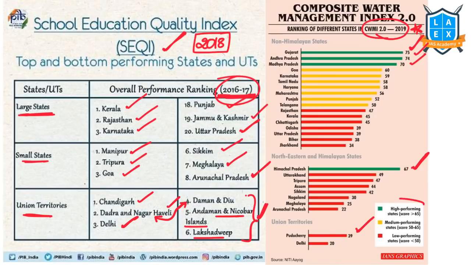Only 4 states are high performing states, and most of the states are medium performing and others are low performing states. The 3 states that are high performing are Gujarat, Andhra Pradesh, Madhya Pradesh, and in the Northeast and Himalayan state category, Himachal Pradesh comes as a high performing state. So overall 4 states are high performing under Composite Water Management Index.